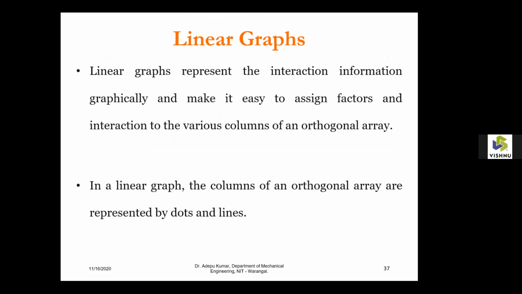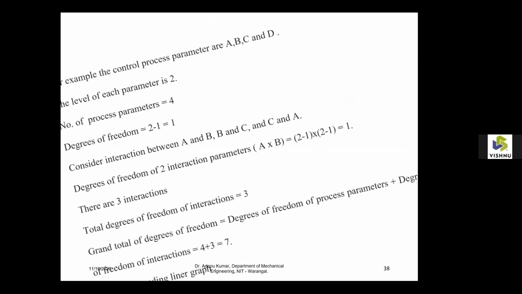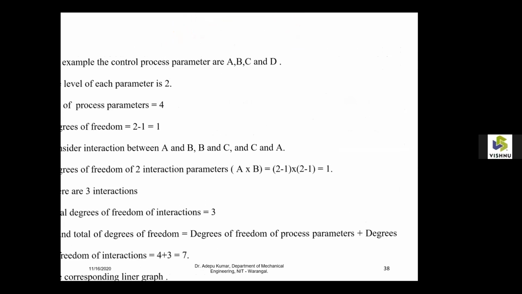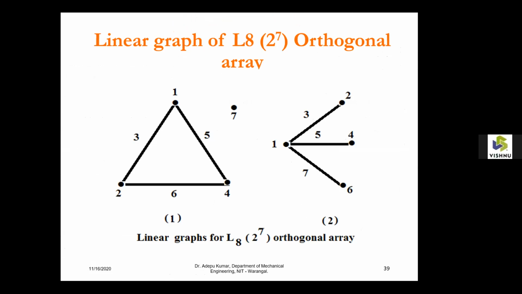Then linear graphs. This is a linear graph, also given by Taguchi. For every layout there may be one or more linear graphs available. For example, I am showing L8 (2 to the power of 7) with 2 linear graphs.